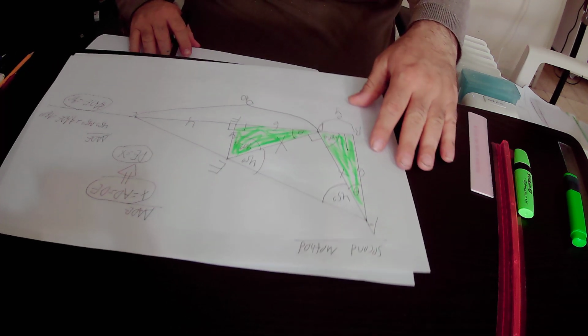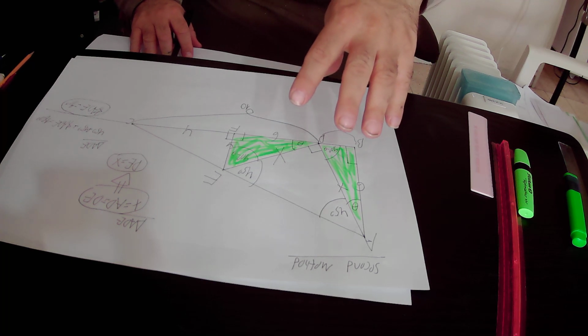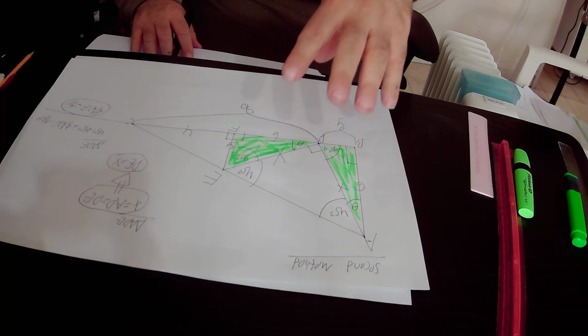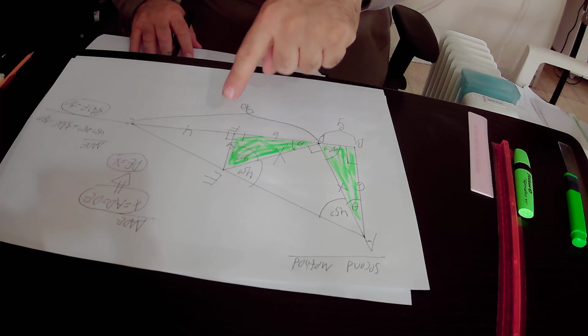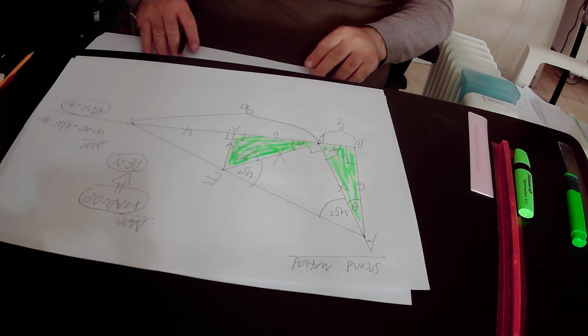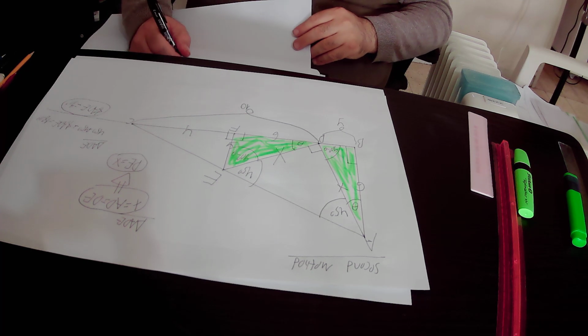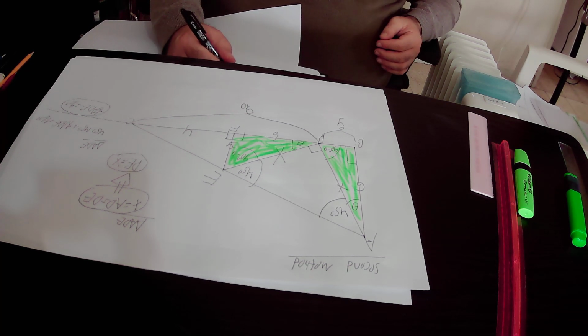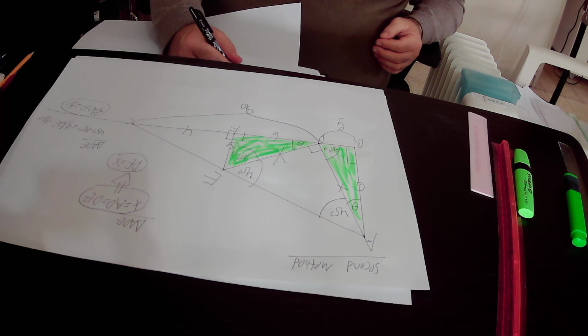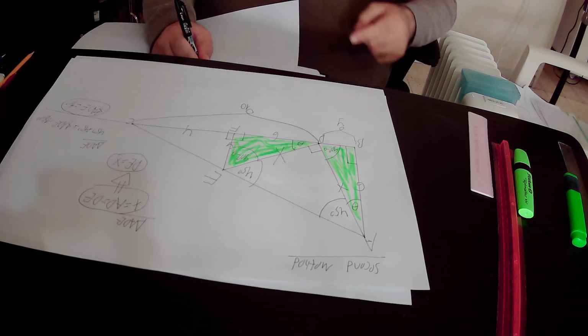In the next step, we'll prove that the right big triangle ABC is similar to the right small triangle, triangle EFC. So we'll focus on the right big triangle, triangle ABC, and the right small triangle, triangle EFC.